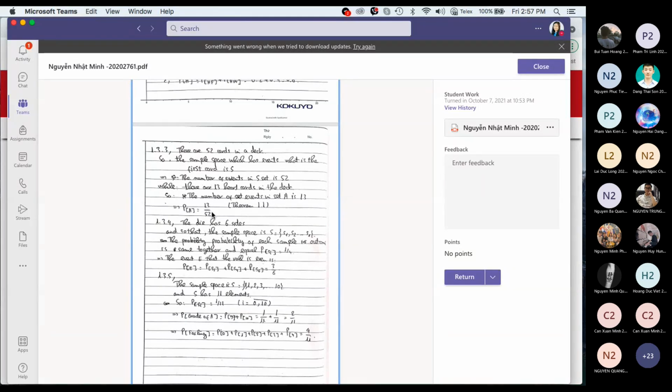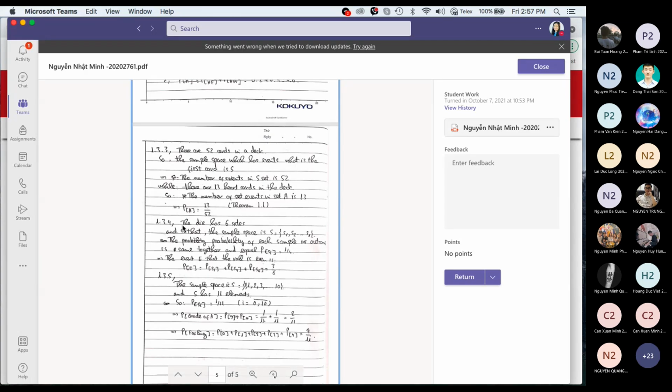Do you have any comment on this exercise 1.3.3?